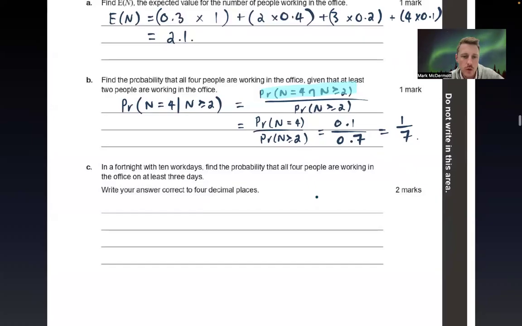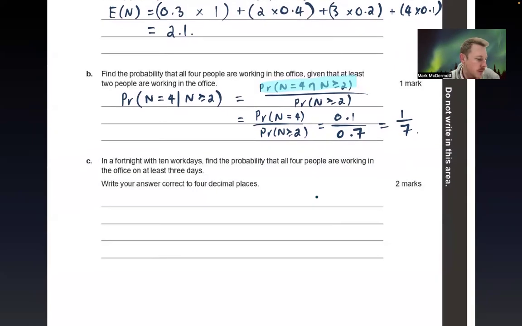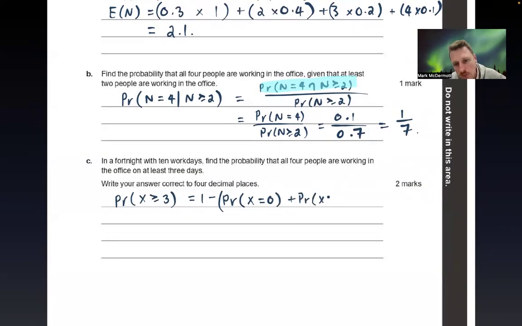So we're trying to find the probability that x is greater than or equal to 3, which is going to be equal to 1 minus the probability x equals 0, 1, or 2. I reckon that's what we need to work out.